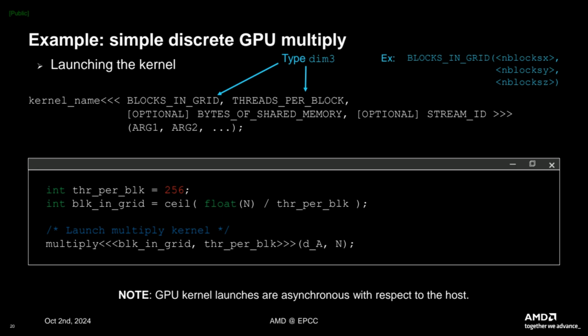We have seen blocks in grid and threads per block, and these are usually objects of type dim3, because in general the grid can be up to three-dimensional. But we also have two optional arguments: the bytes of shared memory and the stream ID. We're going to discuss them next in this presentation.